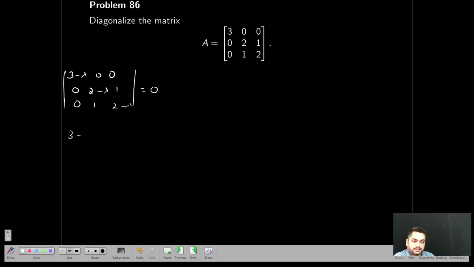This is (3 minus lambda) into ((2 minus lambda) square minus 1) equal to 0. So we get lambda equal to 3. Then (2 minus lambda) square equal to 1 implies lambda equal to 1. Then another lambda equal to 3.